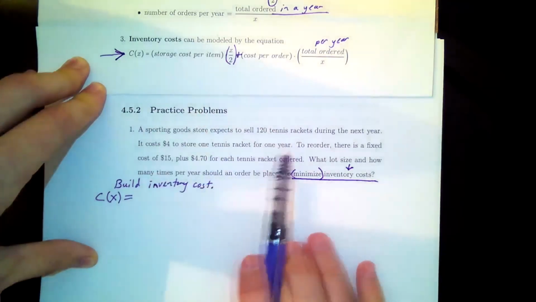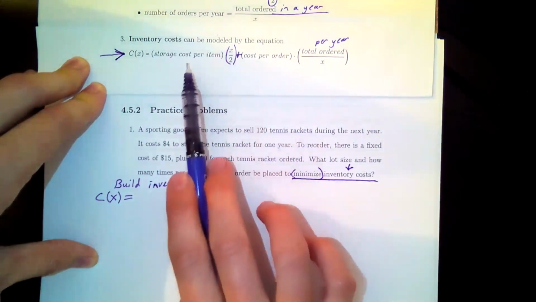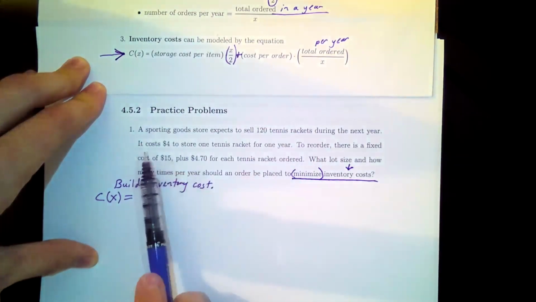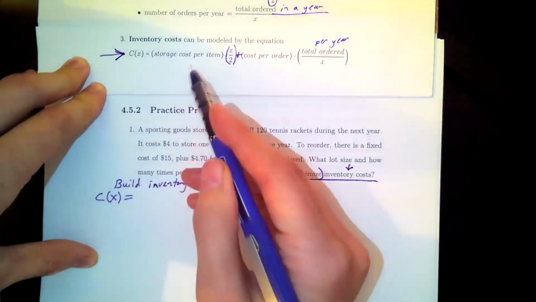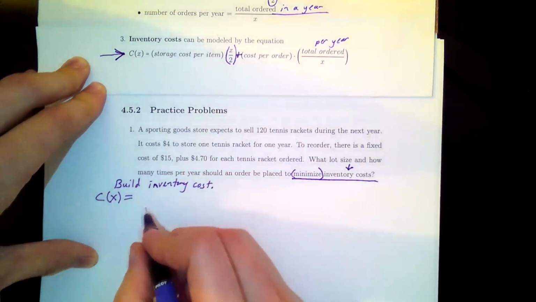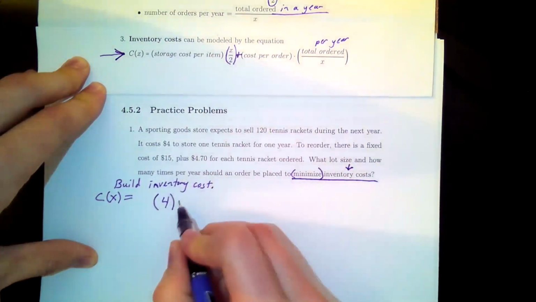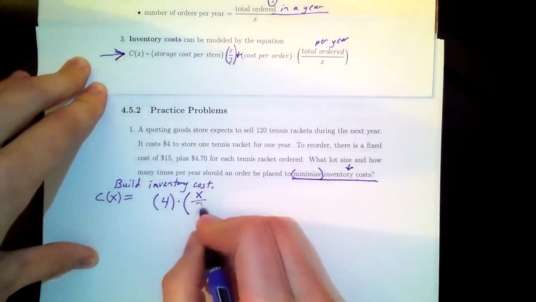Our items this time are tennis rackets, so I'm looking for how much it costs to store my tennis rackets. They say it costs $4 to store 1 tennis racket for 1 year. So the storage cost is $4 there: $4 times X divided by 2.